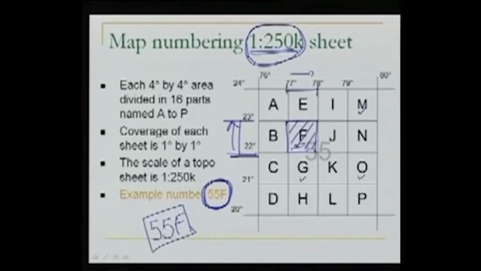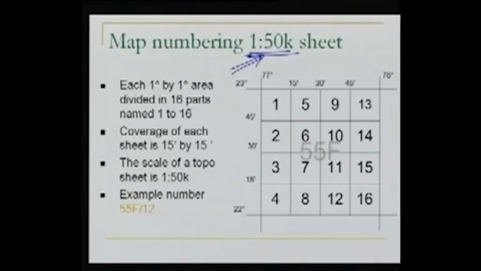So what we do, we divide this block, as we can see here, in further parts, okay, 16 parts like that. And this is what I am doing in my next drawing here. I have divided this in further 16 parts, and I'm giving them numbers 1, 2, 3, 4, and so on up to 16.